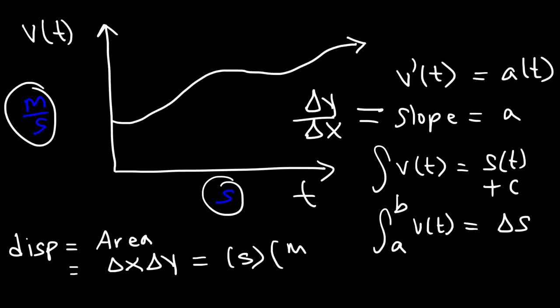So if you multiply seconds by meters per second, notice that the unit seconds will cancel, and you're going to get the unit for displacement or position, which is meters. So I want to make sure you understand that. So let's just summarize the difference between differentiation and integration.